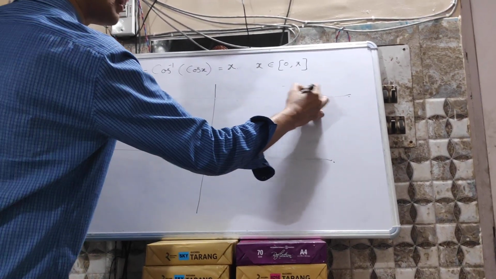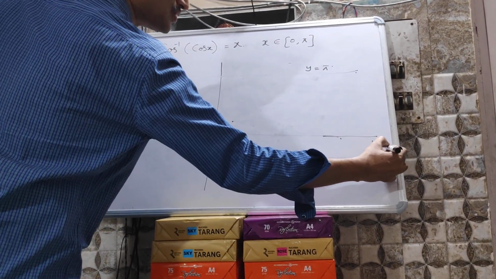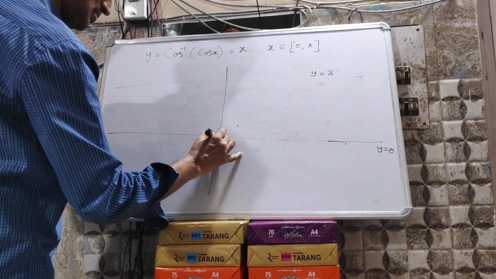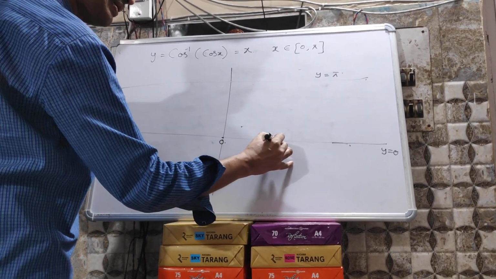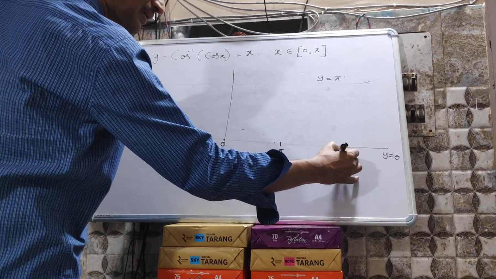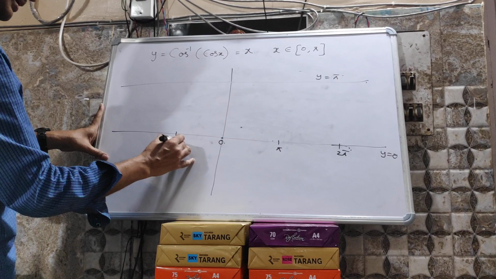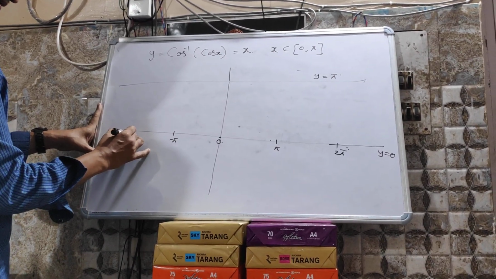So this is y equal to pi, this is y equal to 0 or the x-axis, pi, 2 pi, and on this side minus pi, minus 2 pi.